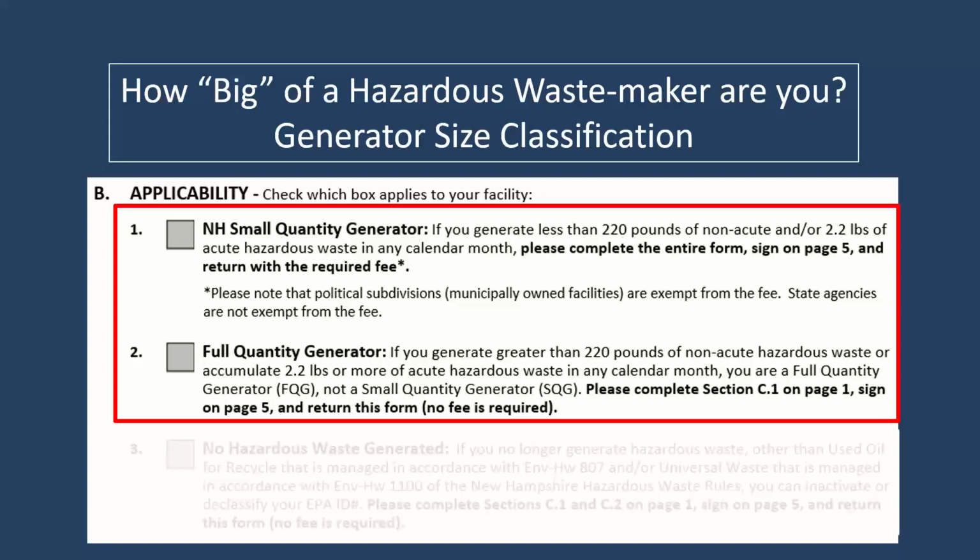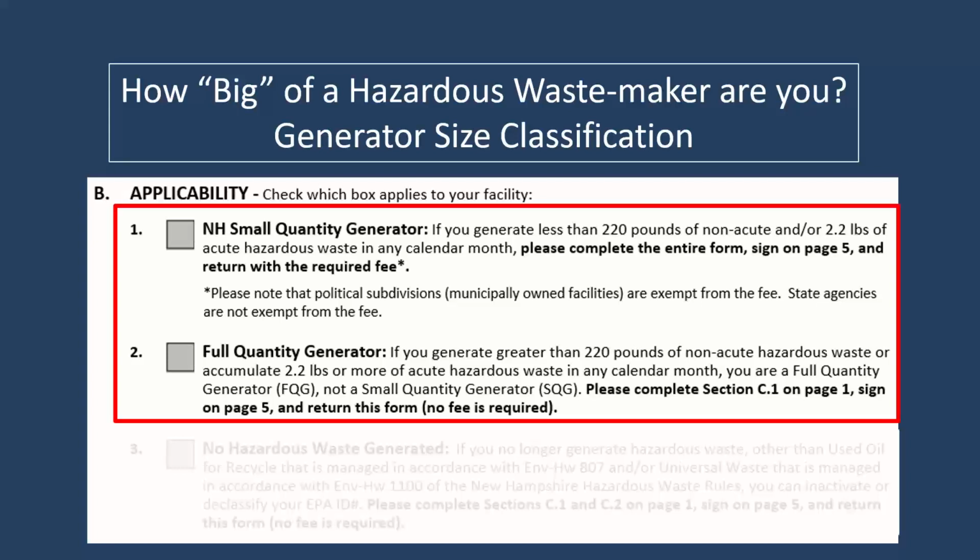There are 2 sizes determined by how much waste you make or have accumulated on site. Businesses that make a lot of hazardous waste have more rules and are required to attend a full-day training event, but don't have to fill out this form. These generators are known as full quantity generators, or FQGs.